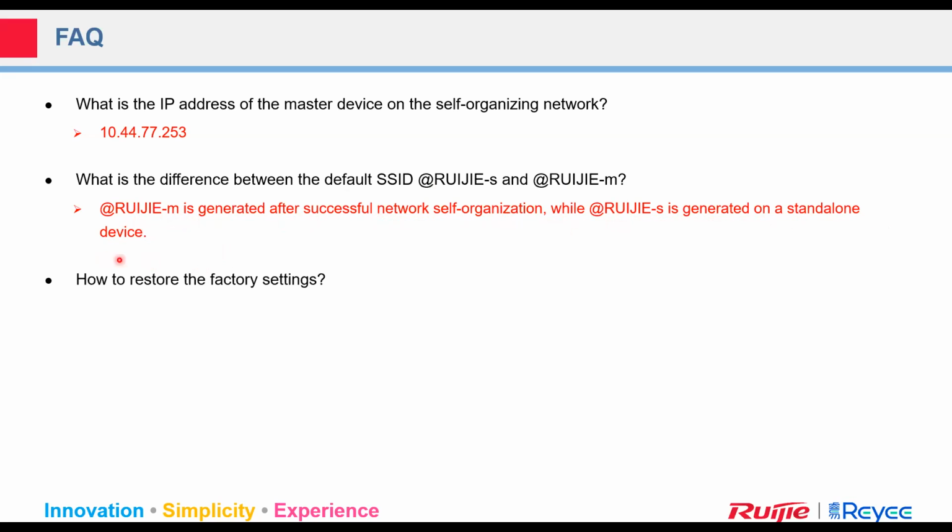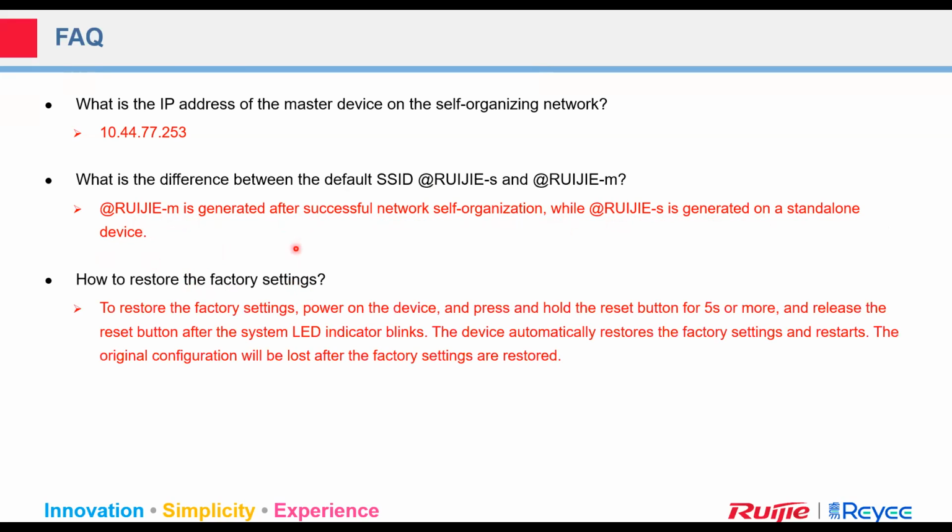So how to restore factory settings? You hold the reset button for more than 5 seconds and release the button after the LED blinks. After this, the device will be restored automatically to factory settings.